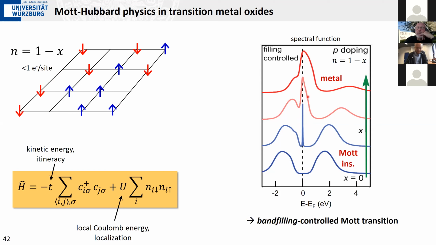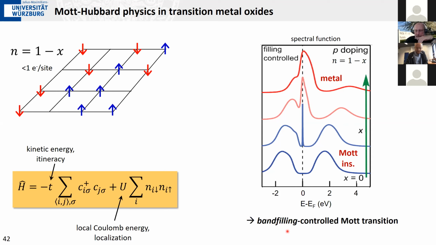And as you increase the doping, this band will broaden until at very strong doping levels, this quasi-particle peak will have eaten up all the spectral weight, which becomes subsequently transferred into this metallic peak here to render a simple, one electron-like density of states and band dispersions that you would be able to detect when you look at the momentum resolved spectral weight. That's called the band filling controlled Mott transition.